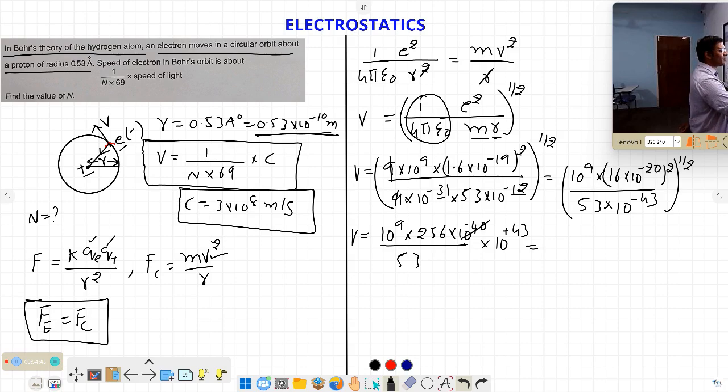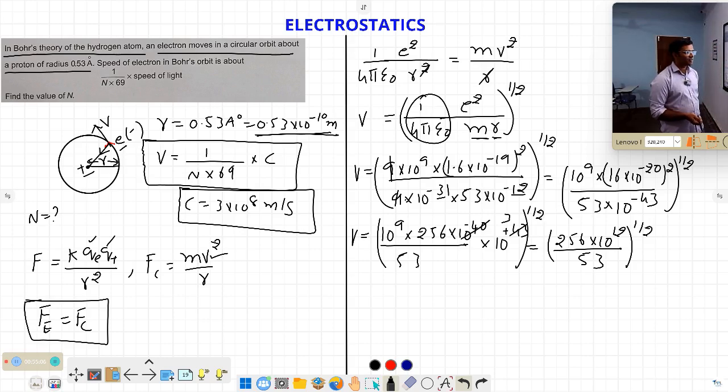So if you solve it, what are you going to get? This is minus 43 minus 40 plus, which becomes 3. Already we have 256 into 10 power 9 plus 3, that becomes 12, by 53. This is the value you are going to get, whole power 1 by 2.